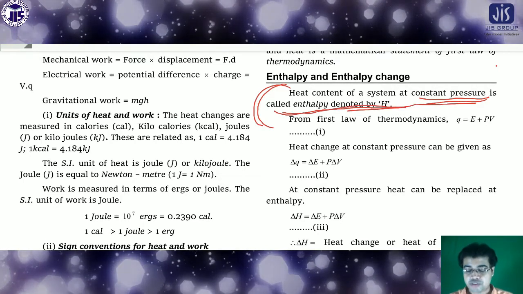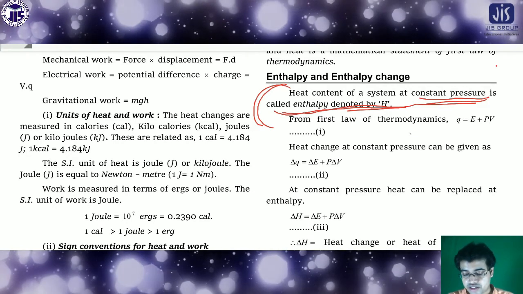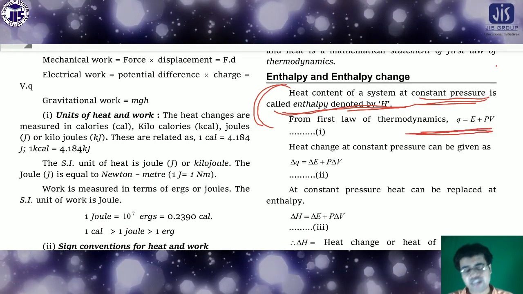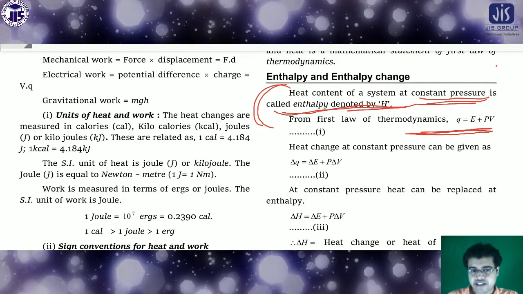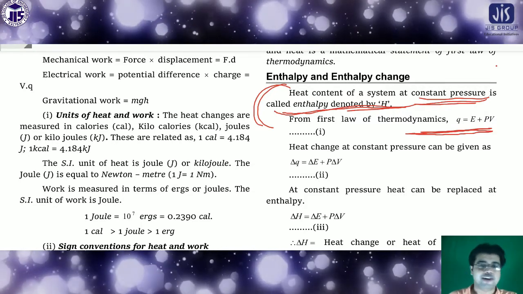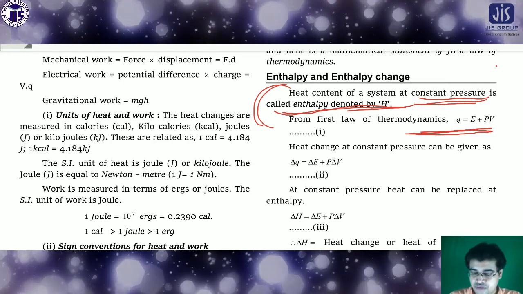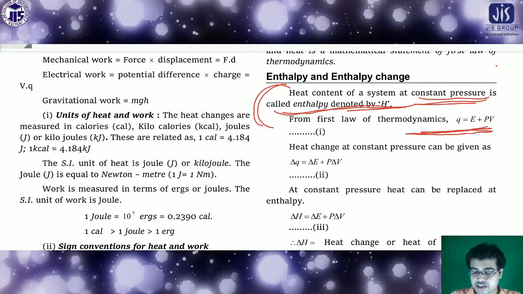From the first law of thermodynamics, you know Q equals E plus PV. Internal energy can be denoted either E or U; in some books you will find it taken as U. Why PV?